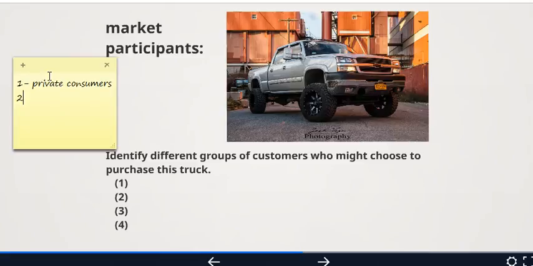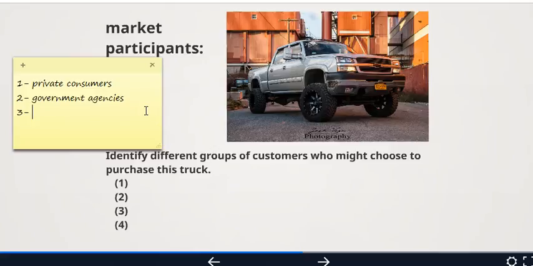Private consumers. Who else would buy that truck? Okay, let's think about it. Government agencies can buy that truck. If they need something hauled, a working truck, a government agency could buy it.